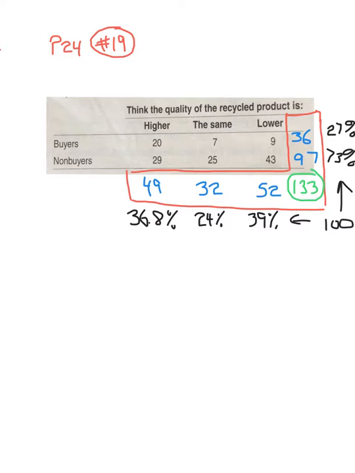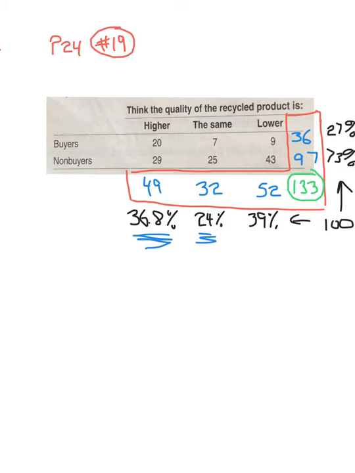So letter B says, give the marginal distribution. We did that. And we did it in percent. What percent think the quality of the recycled product is the same or higher than the quality of other filters? Well, let's see. Higher, right? Whether they bought them or not, it doesn't matter. Buyers, non-buyers, they think the quality is higher or the same.